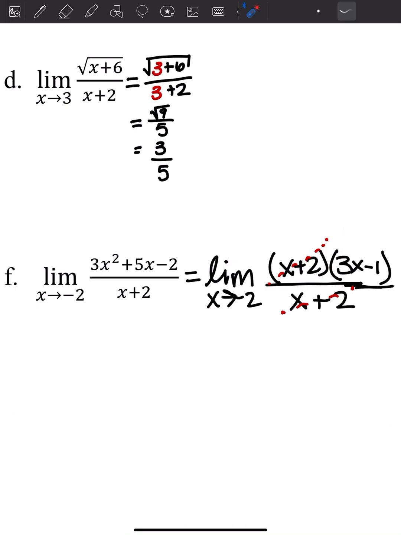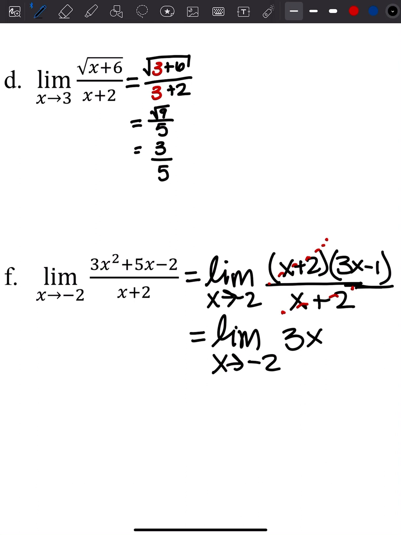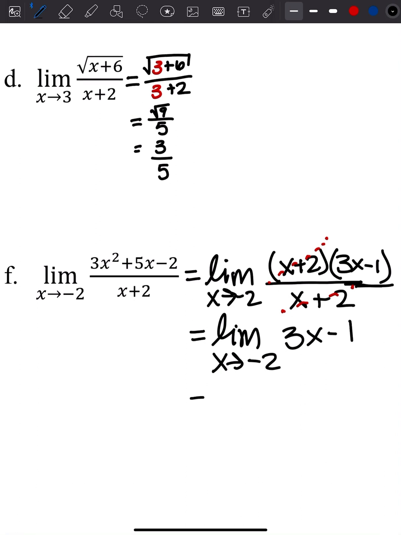Binomials meaning just two terms. And I can rewrite my statement. Because we are talking about a limit versus just a function in general, I don't have to worry about making any stipulations because we're saying, hey, these are exactly the same. These lines move in the same ways. So I am now looking at the limit as x approaches negative 2 of 3x minus 1.